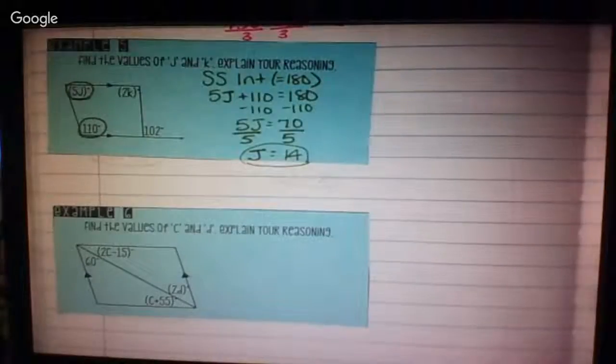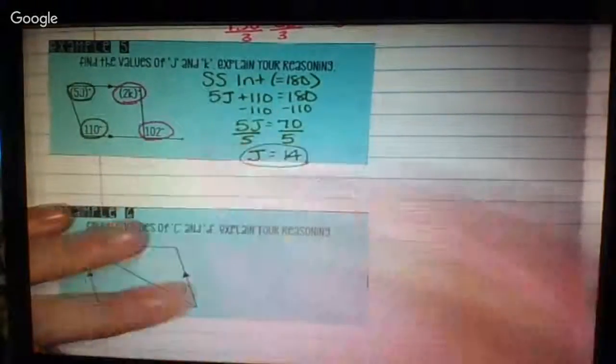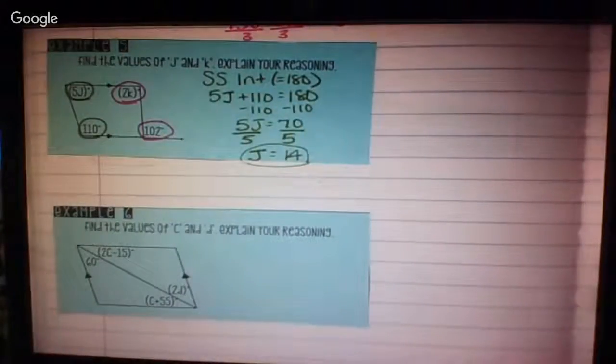Okay. What is this angle and this angle? Alternate interior angles. Here's your parallel lines.